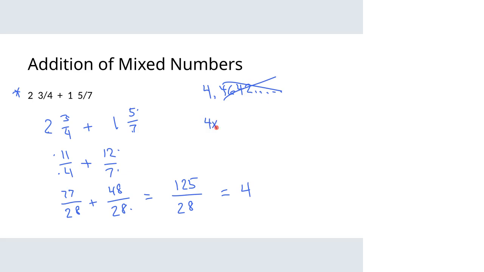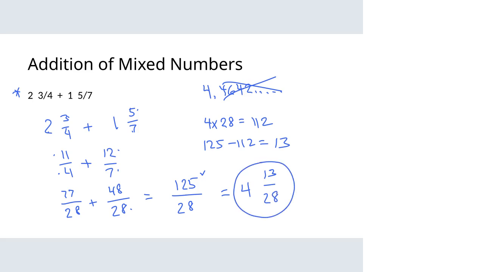Well, that 4 times 28 will take care of, let's see, 112 of this 125. And so then 125 minus 112, that means there's 13 left over. And so what I end up with here is 4 and 13/28.